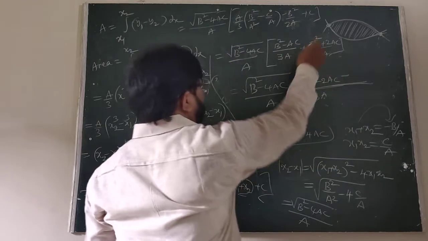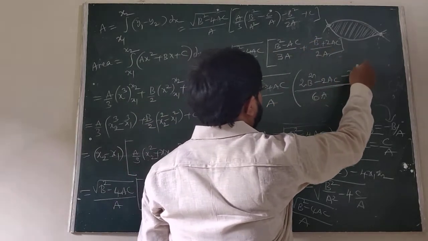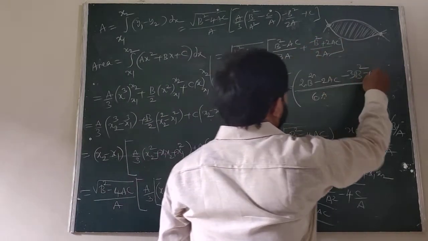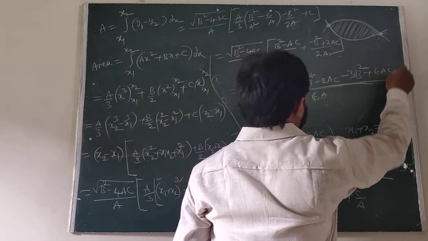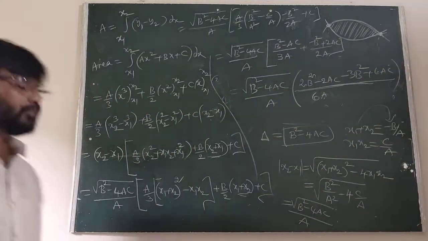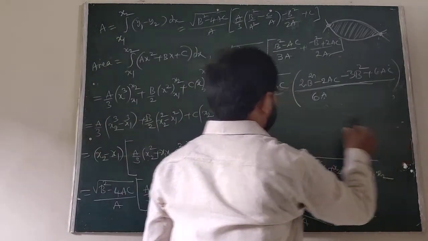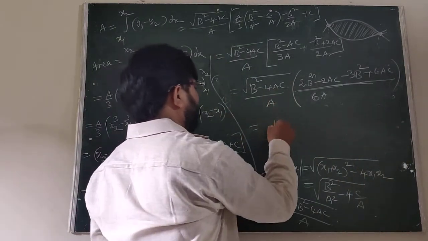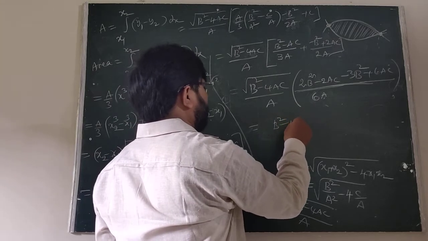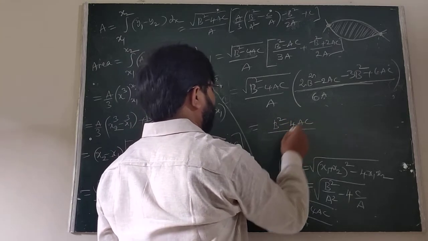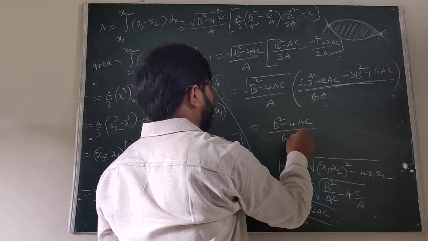Now this is multiplied with 3. 3b square, 3 twos are the 6ac. Is it clear or not? Now we can write here, this is the b square minus 4ac by 6a square.